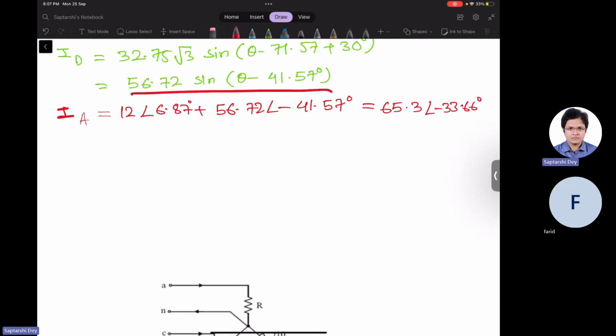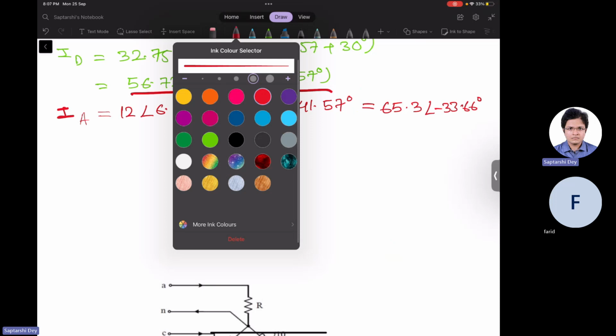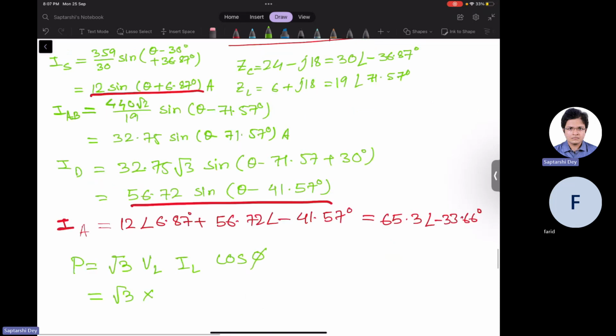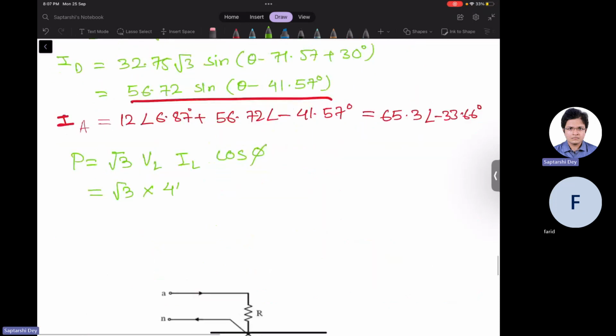Now, what is the power for a three-phase system? The power is root 3 VL IL cos phi. So root 3 times the line voltage, they gave 440 volt, times 65.3 times cos.